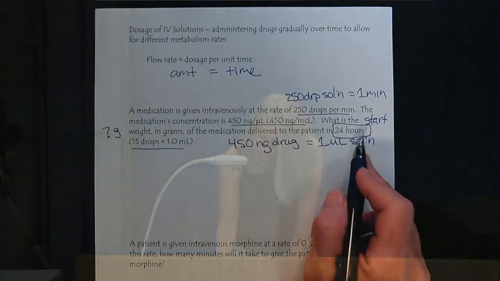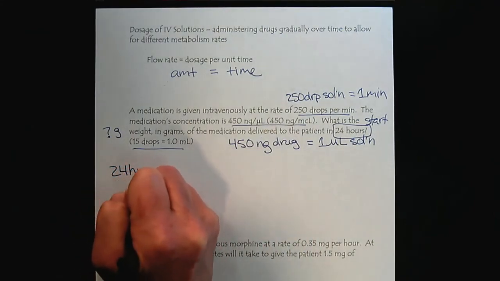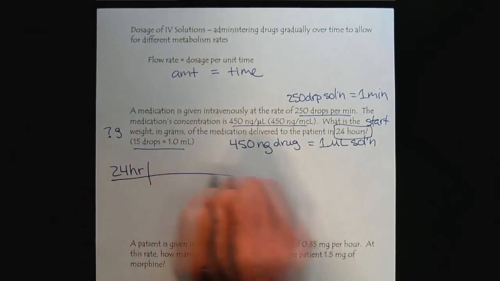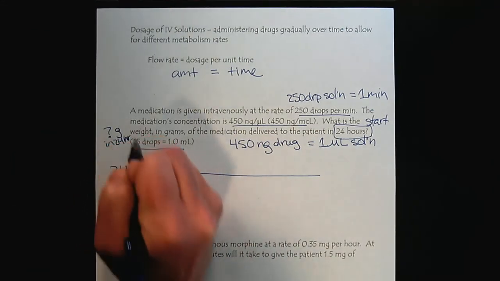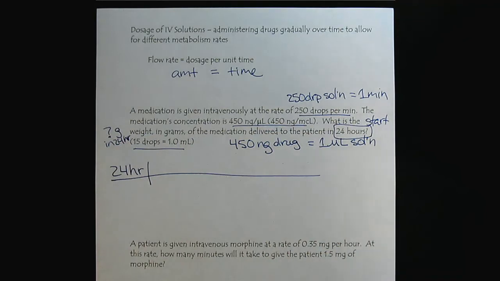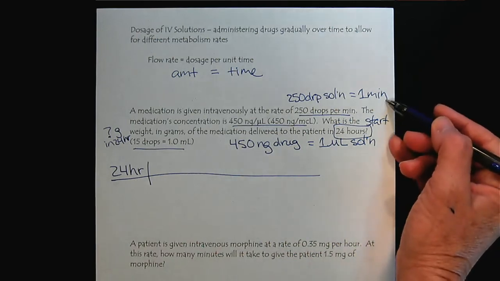So let's start with 24 hours, because that's what we're asking, right? The grams in 24 hours in a day. Okay, so hours are here, and we have minutes here. So we've got a unit disconnect.